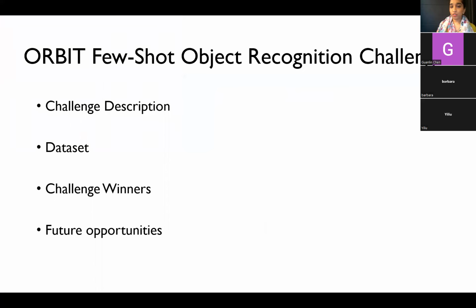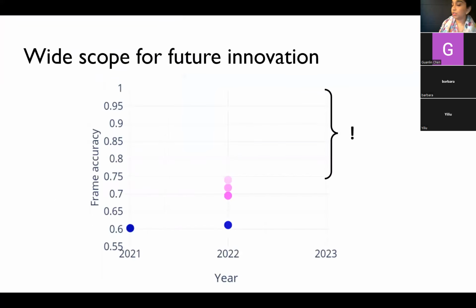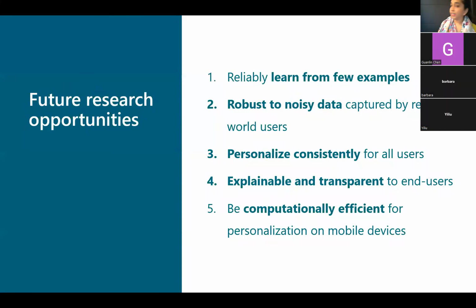And finally, coming to the future opportunities, we're very excited to launch the challenge this year as part of the VizWiz workshop. And as you can see, we have made a great step forward relative to the original paper's baselines. However, there's still a wide scope for future innovation. To highlight some of these opportunities, first and foremost, we need further innovation in few-shot learning.